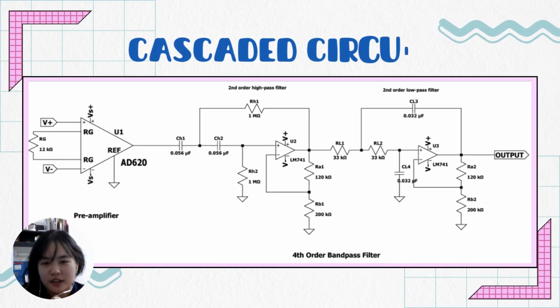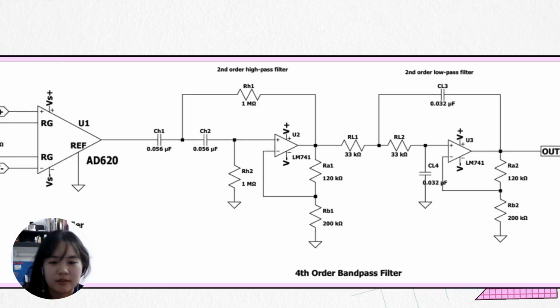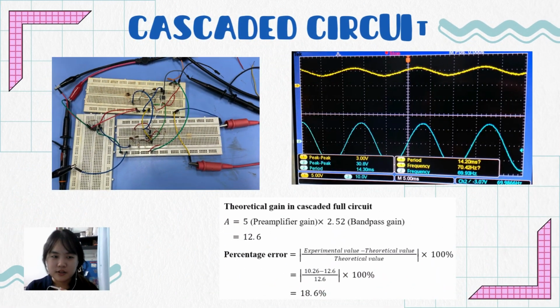So this is our cascaded circuit combining the AD620 preamplifier with the high pass filter and the low pass filter. The ECG conditioning circuit has successfully amplified the weak signal and filtered out the unwanted signal.